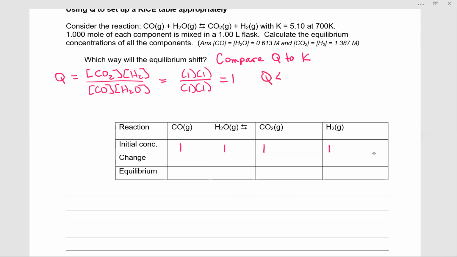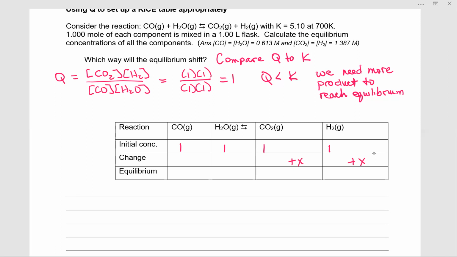Q is less than K, which means that we need more product to reach equilibrium. So we need to get to that value again of 5.10. If we know we need more product, that means that we have to add H2 and we have to add CO2.